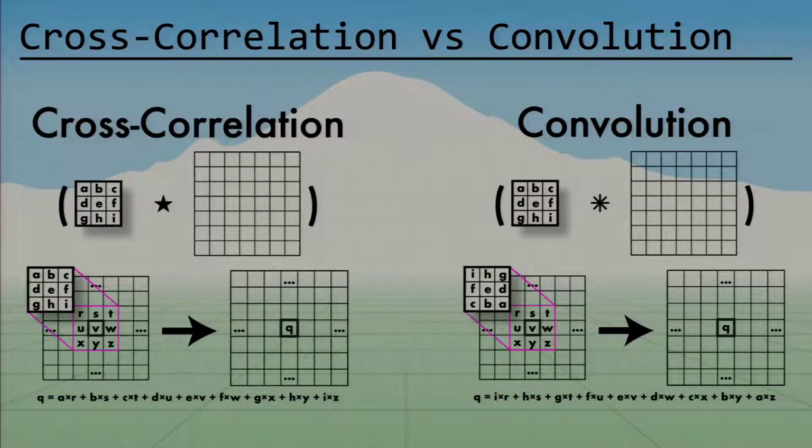So just a quick note, this is actually important, so you guys should know a little bit about it. There is a small distinction between cross-correlation and convolution operations. In both of them, you are taking 2 images and performing some operation with them. In cross-correlation, you just apply the filter in the way that it's presented to you.